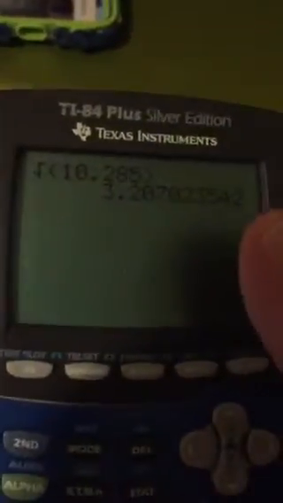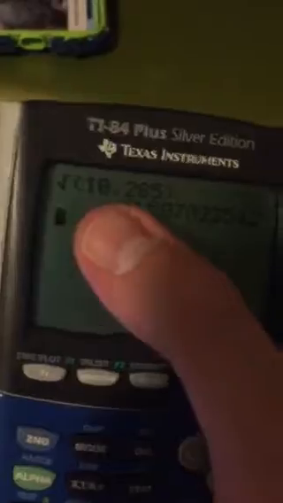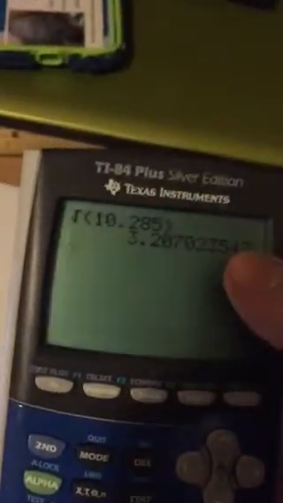Then we do enter. So if it were rounded to the nearest tenth, 3.2 would be your standard deviation. So 10.285, or 10.3 rounded to the nearest tenth, would be your variance. And then the square root of the variance would give you your standard deviation.